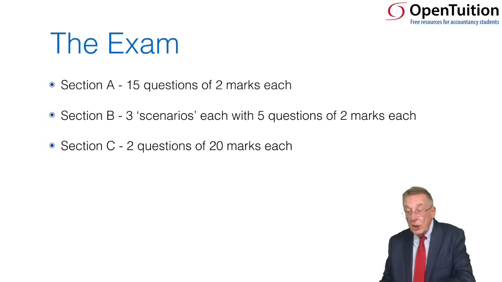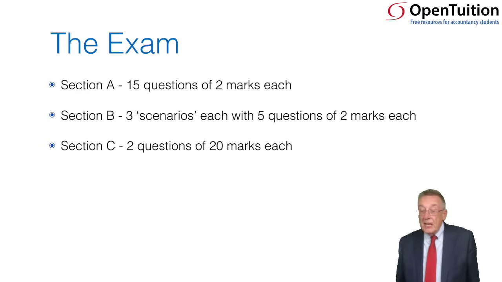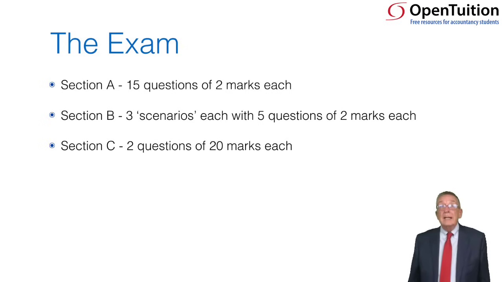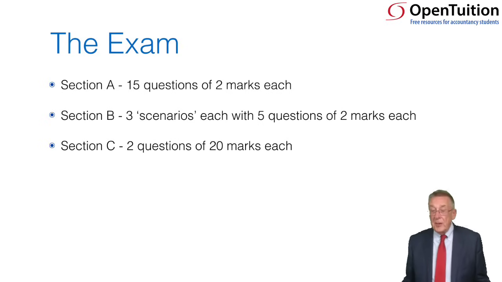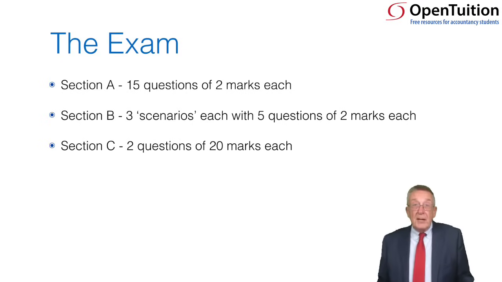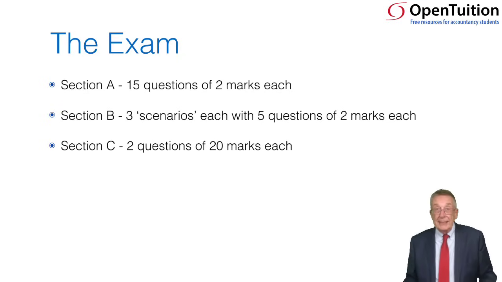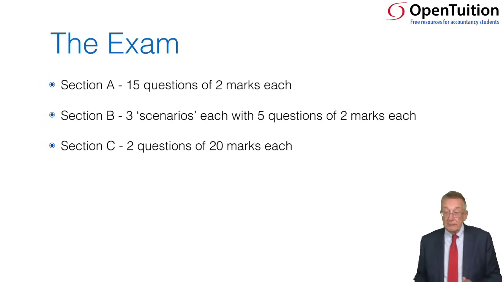And so 3 of those, so in total another 15 2-mark questions. Section C is 2 what we call long form questions, 2 full questions, 20 marks each, which will involve both calculations and writing, or if you prefer the word theory.